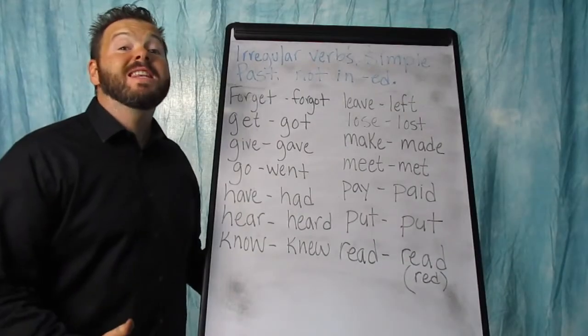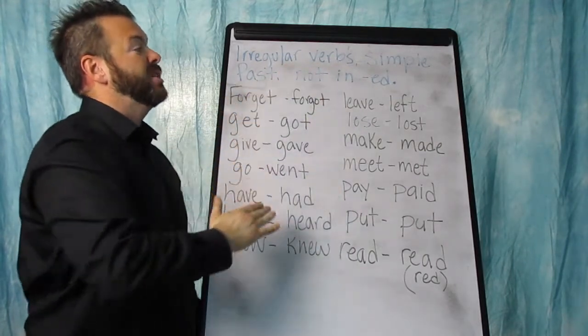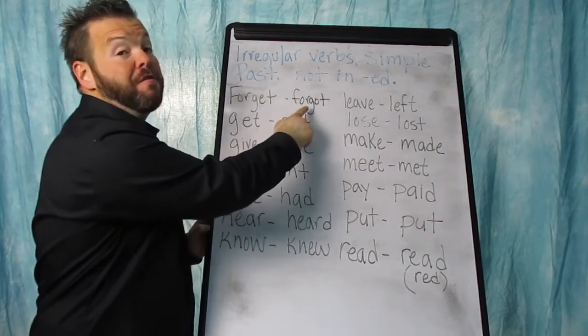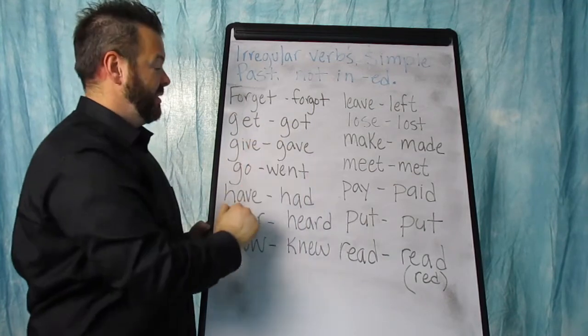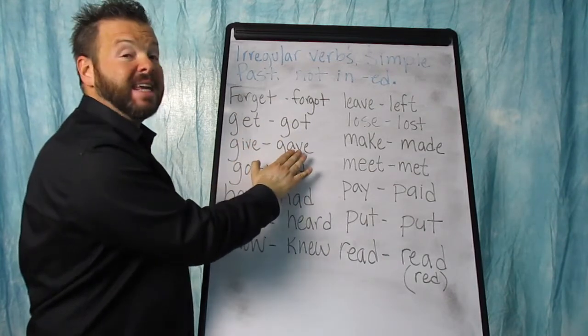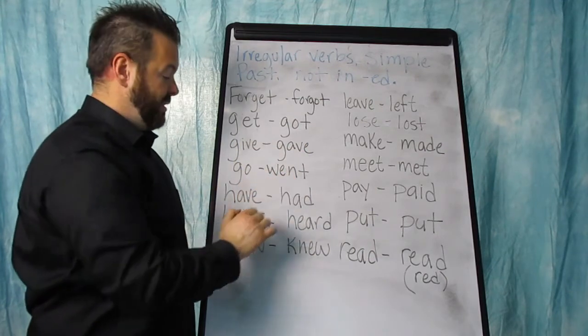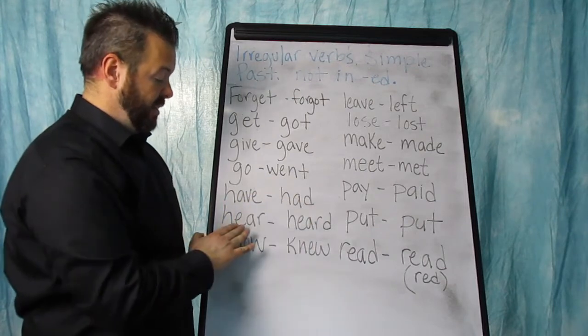Okay, here is another list of irregular verbs in the simple past, not in ed. Forget, forgot. Get, got. Give, gave. Go, went. Have, had.